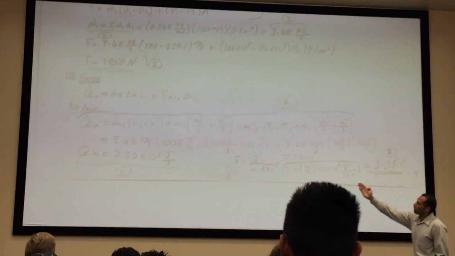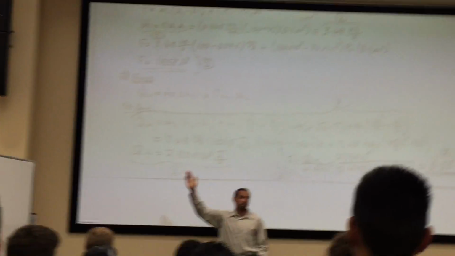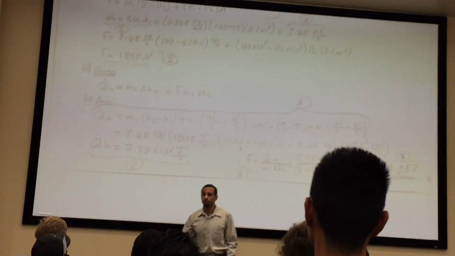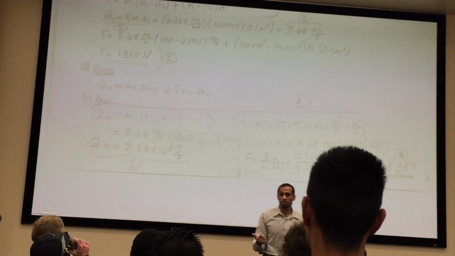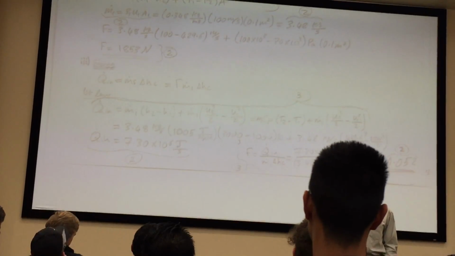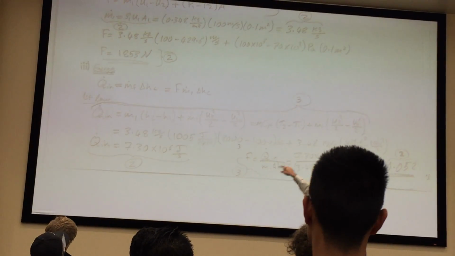Saying, well, what do I know from my equations for reacting mixtures? Q is equal to the fuel flow multiplied by the heat of combustion. I already know that as a fact. And I know that if I multiply my mass of air, multiplied by my fuel to air ratio, multiplied by the heat of combustion, which is right here.